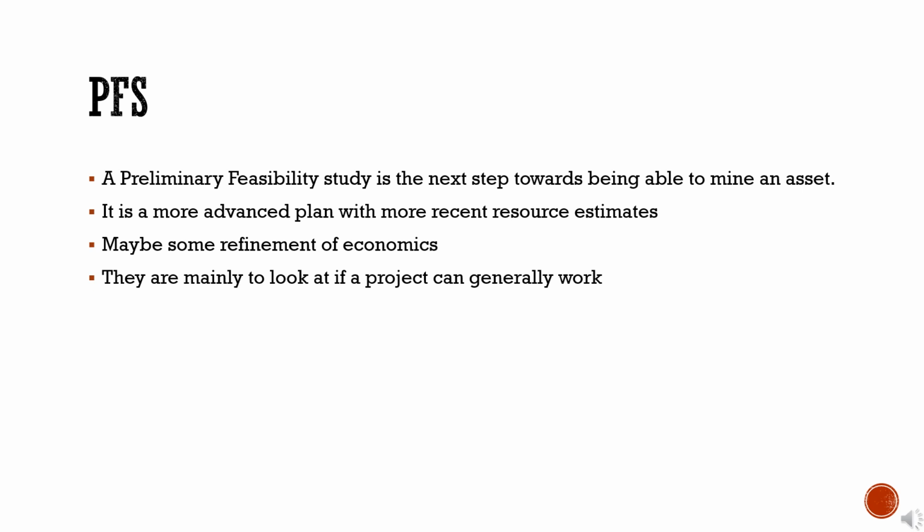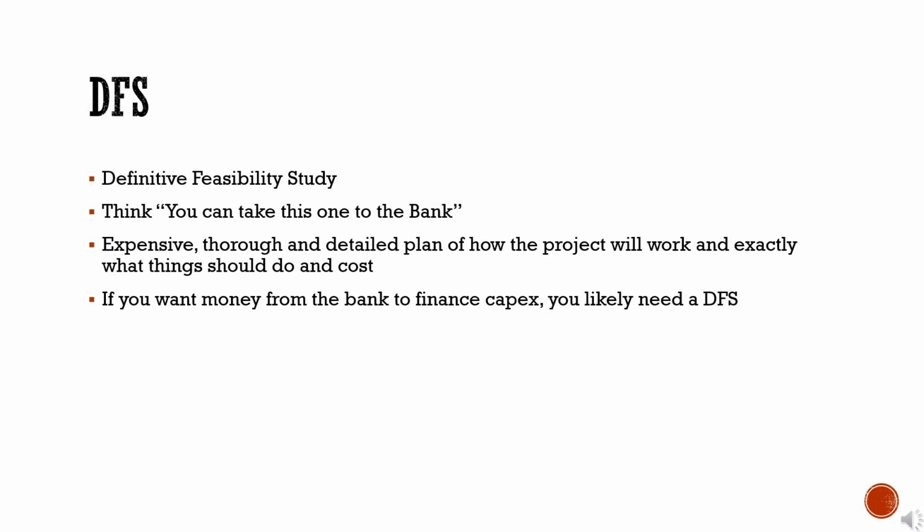Maybe there could be some refining from the PEA stage, and this is mainly to have an idea if the project can actually work. From PFS, the company can then advance the project to DFS, or Definitive Feasibility Study.